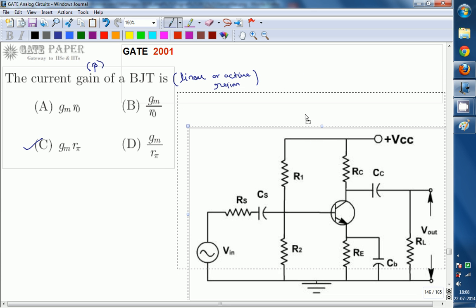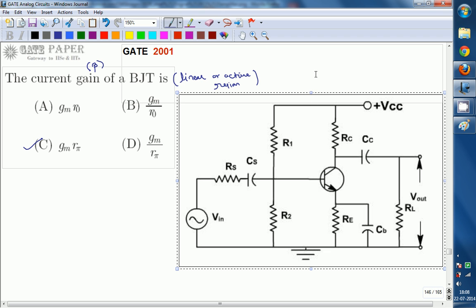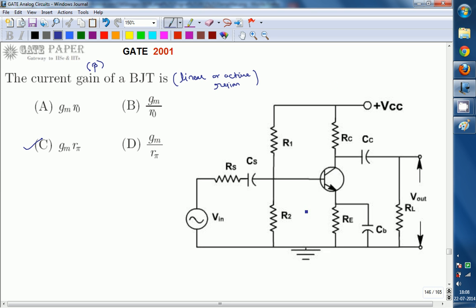So this is the general CE amplifier circuit. For this CE amplifier circuit, this is the transistor you bought from the market, and the terminals are collector, base, and emitter. Whenever you take a simple transistor and apply the input signal Vin directly, it won't amplify, it must be in the active region.